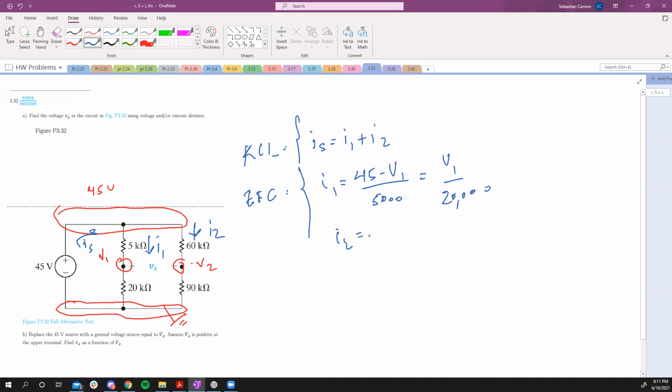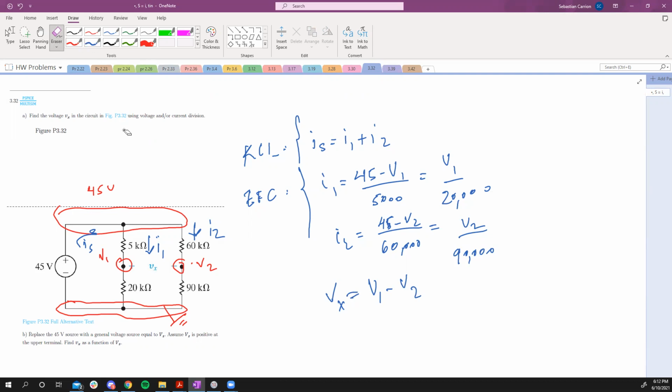And then I2 is equal to 45 minus V2 over 60,000, and that's also V2 over 90,000. And we can also make an extra equation: Vx is equal to V1 minus V2.